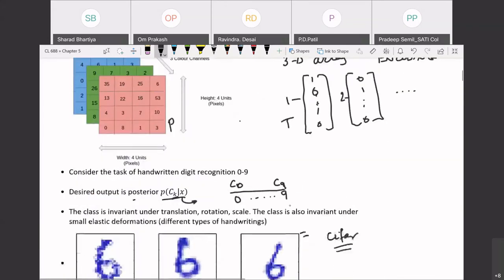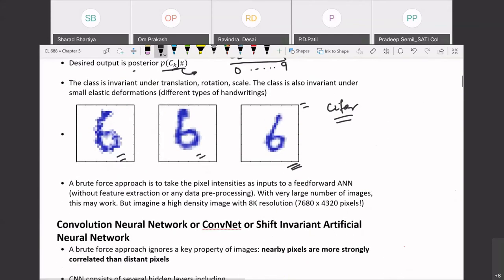But if I have a high density image with 8K resolution, which is not unusual, even our mobile phones have better resolutions than these, then your vector would become millions, more than 28 million in size. So image processing using backpropagation neural networks is difficult.